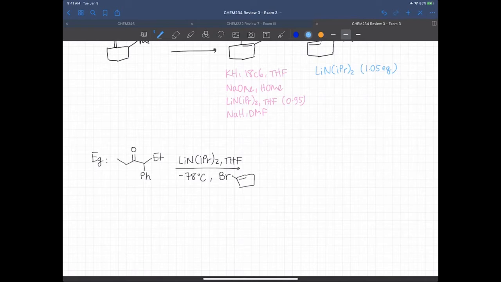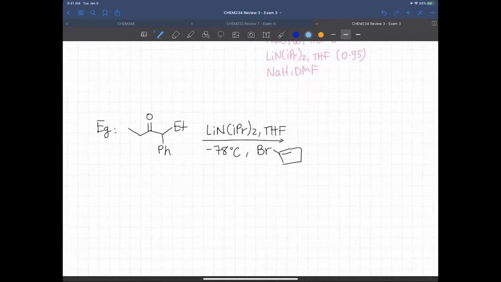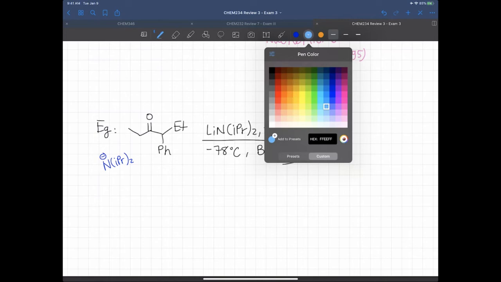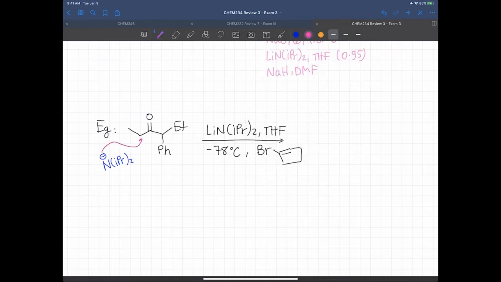Okay, if you had this material, for example, and I send it through LDA, what's going to happen is that it's going to deprotonate. Let me draw the hydrogen here. Then it forms the enolate to give me this here.